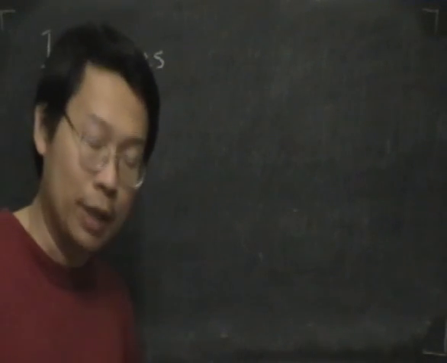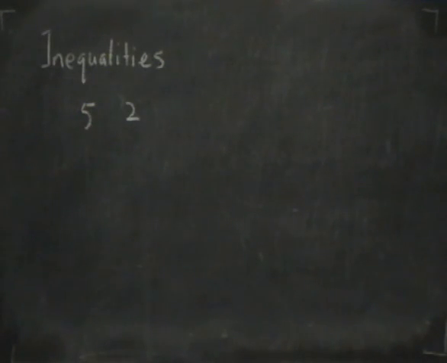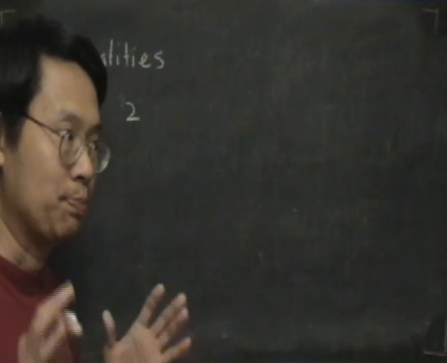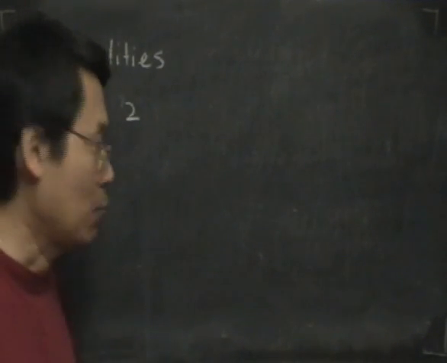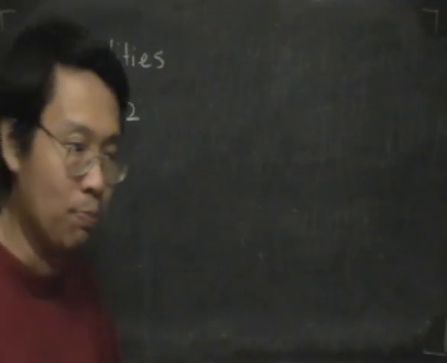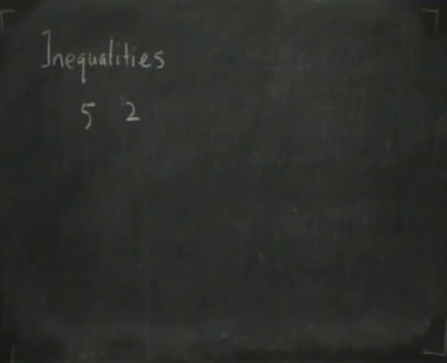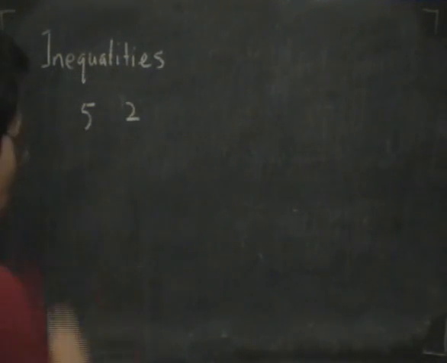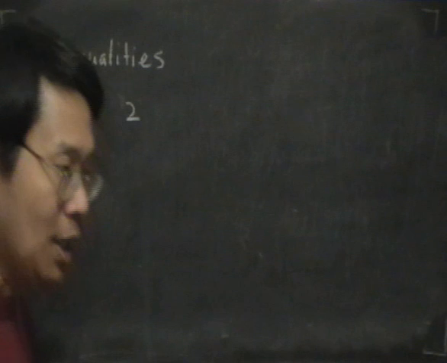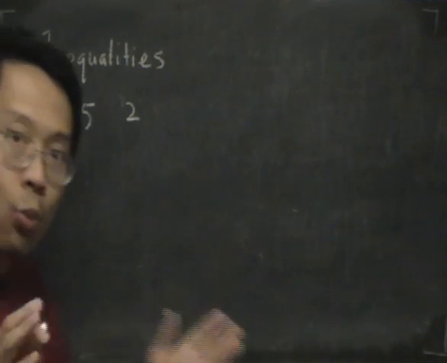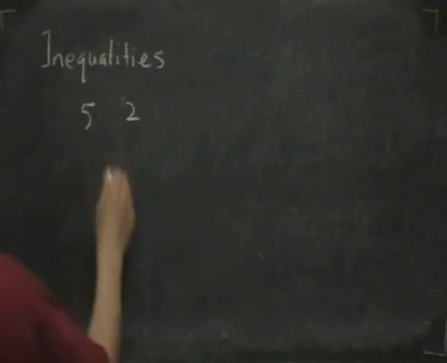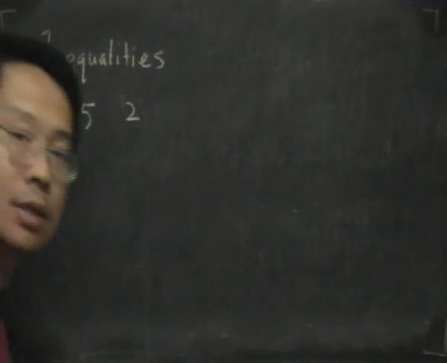Now for the topic of inequality, we are interested in a special type of inequalities. We are interested to know not only that the two numbers are not equal, but is one bigger or smaller than the other. So for example, in this case, 5 is bigger than 2.